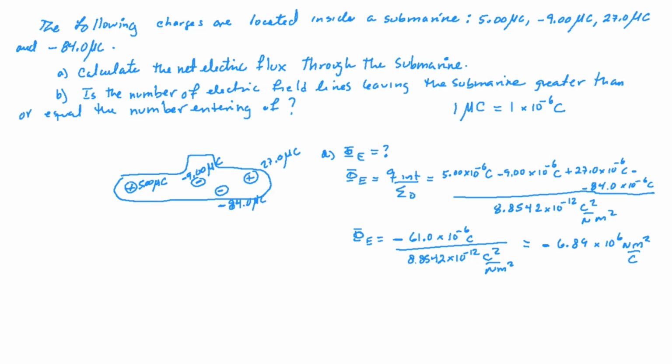This is the electric flux that passes through the surface area of the submarine. Now, there is one question here, and to understand what this is about, we have to recall what happens with a charge that has a negative sign. When you have a charge with negative sign, remember that the electric field lines point toward the charge.